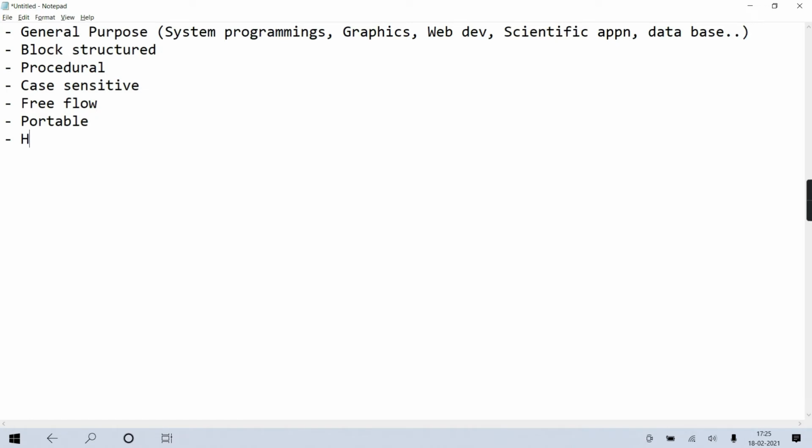Correct? And finally, that is high level. So C is a high level programming language. Why do I have to call it high level? Because it is closer towards natural language, like English.